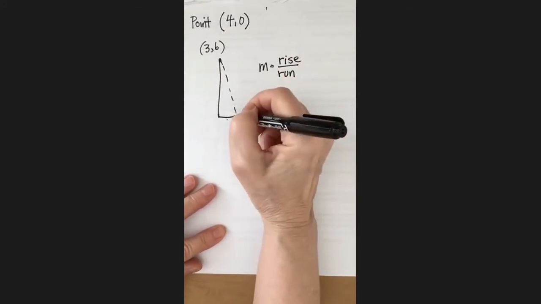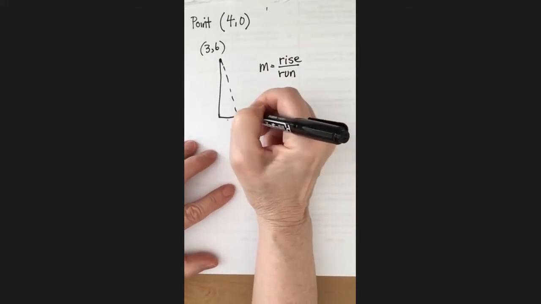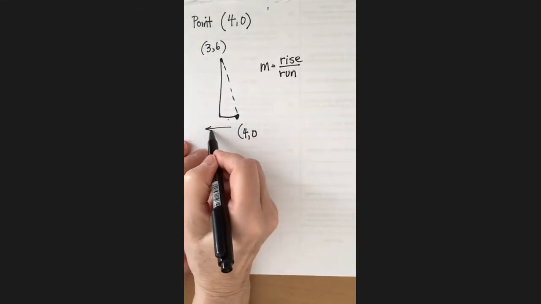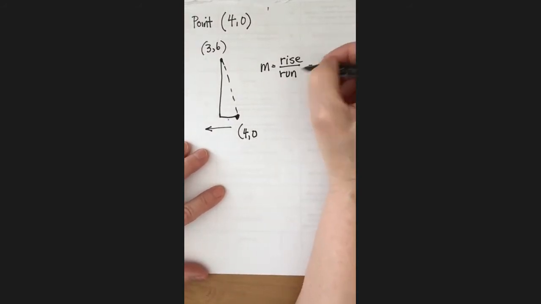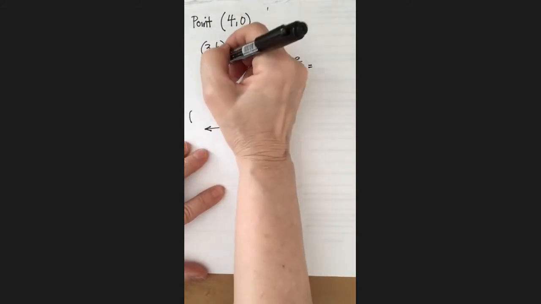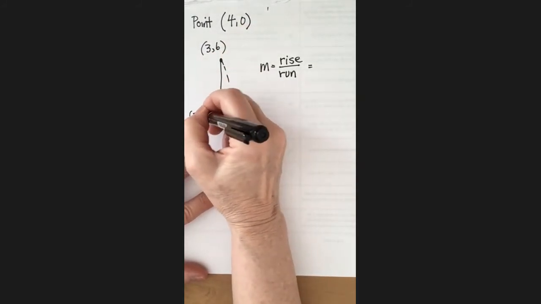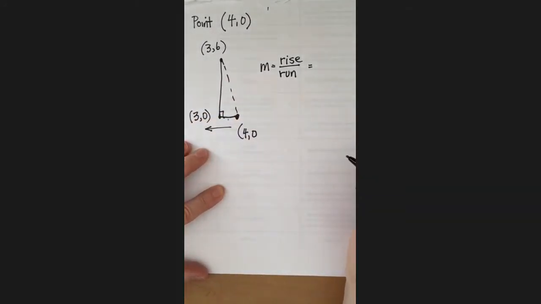If we start from this point, the run is going in this direction, that's the negative direction. This point right here, since we dropped the vertical, has the same x value, but it has the y value of this one because we made a right angle here.